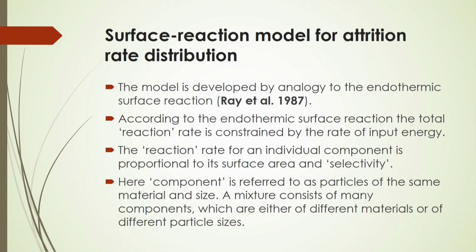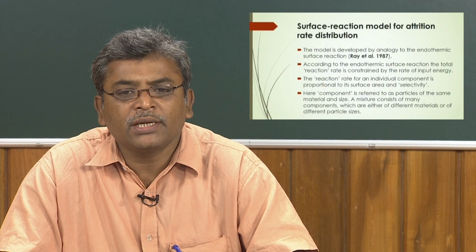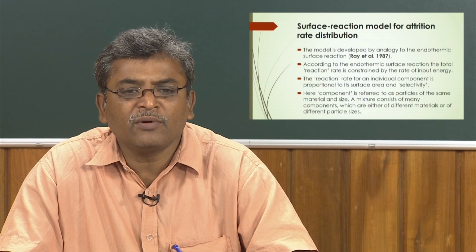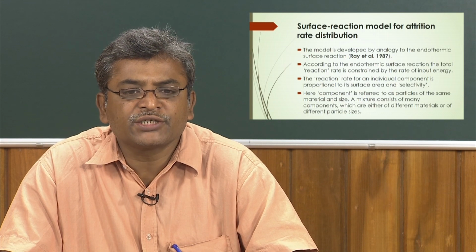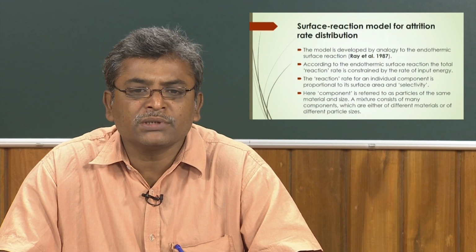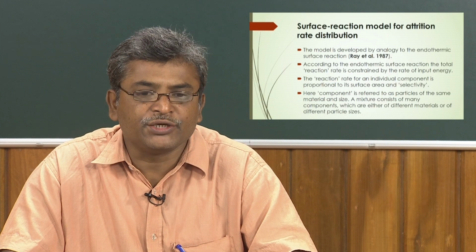According to their model, they considered that there is an endothermic surface reaction, and according to that reaction, the total reaction rate is constituted by the rate of input energy. What will be the energy consumption for that total reaction? The reaction rate for an individual component is proportional to the surface area, selectivity and also energy.